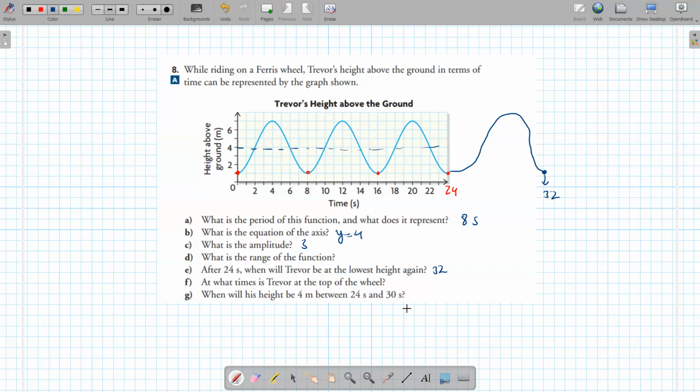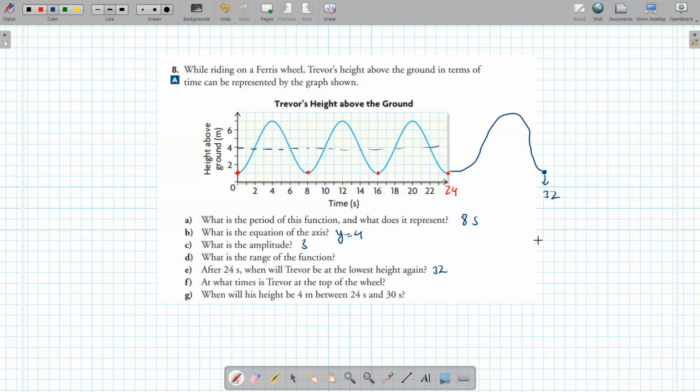What's the next one after 20? So after 20, when will he be at the top? 28. 28 is right.